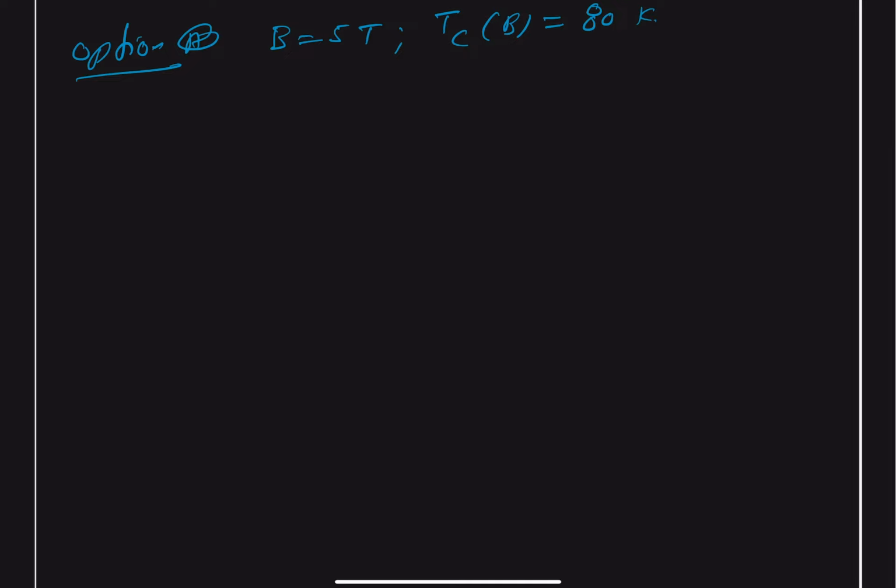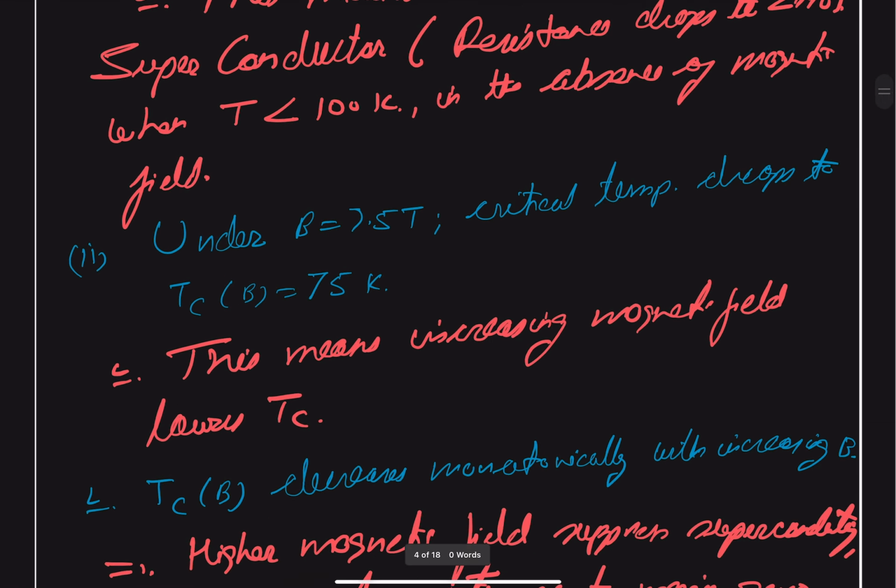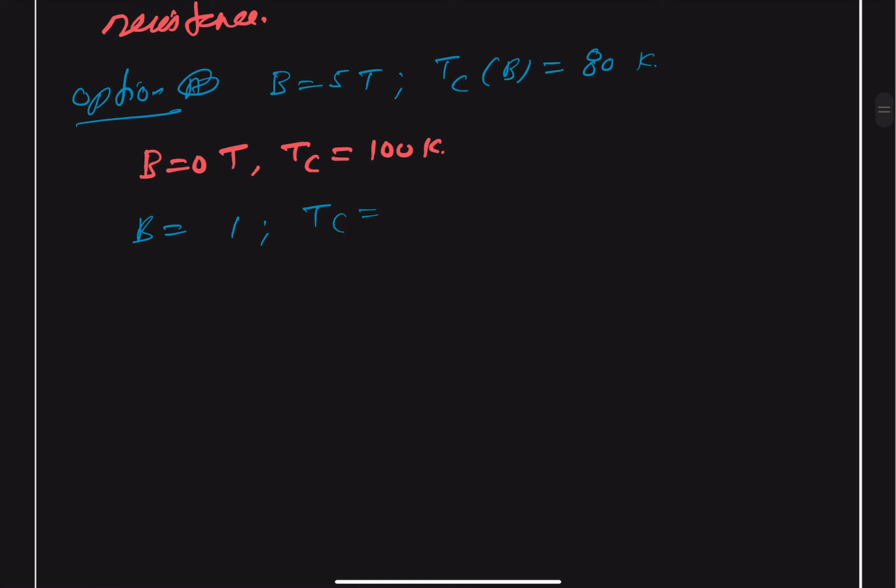From the graph, we know that at 0 Tesla the critical temperature is 100 Kelvin, and from the given data, B is equal to 7.5 Tesla, not 5, and the critical temperature is 75 Kelvin. Now we come to the given two values.